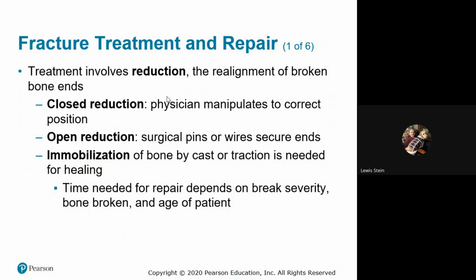Most of the time, the big distinction is open and closed. If it is a closed fracture, you have all of these things you can do. If you have an open fracture, your first concern has to be infection. Your first concern is the severity of it. Is the tissue viable? Is it going to heal?